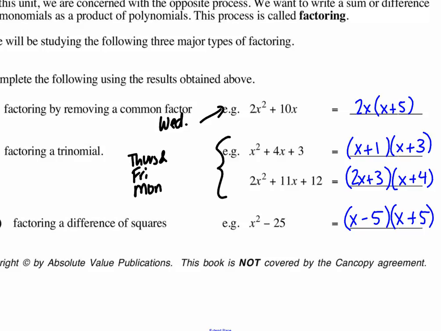One is called a simple trinomial, or type 1, and this second one's type 2, complex, because this one has an a value of 1, this one has an a value of 2, or higher. And then the last we're going to do on Tuesday. Okay, so that's what we're going to do this week, or this week and part of next week. So let's turn the page.